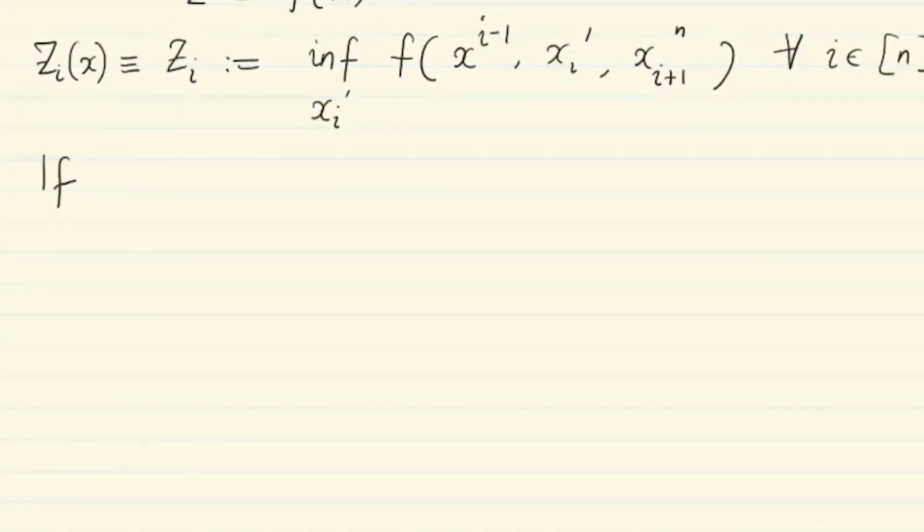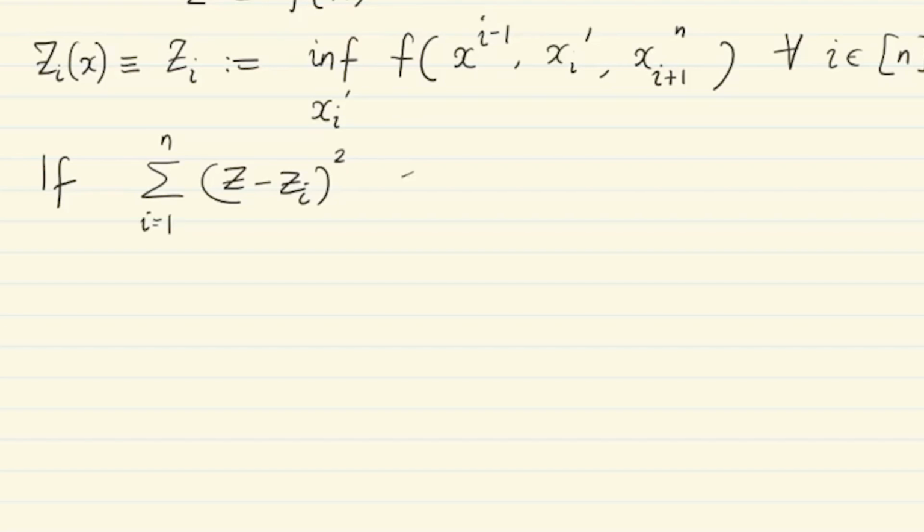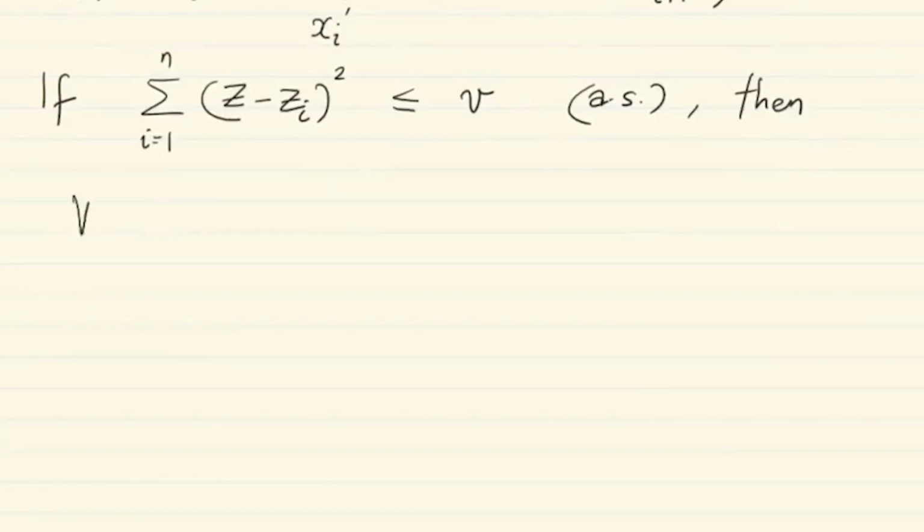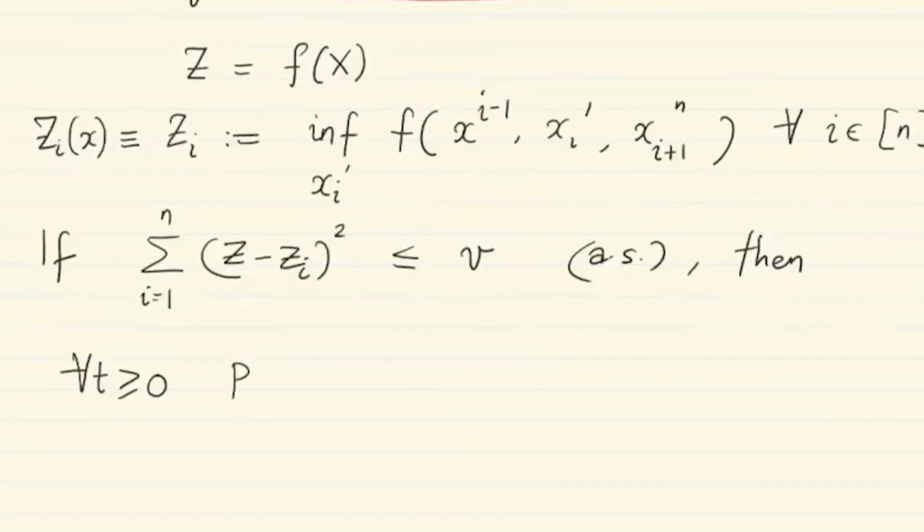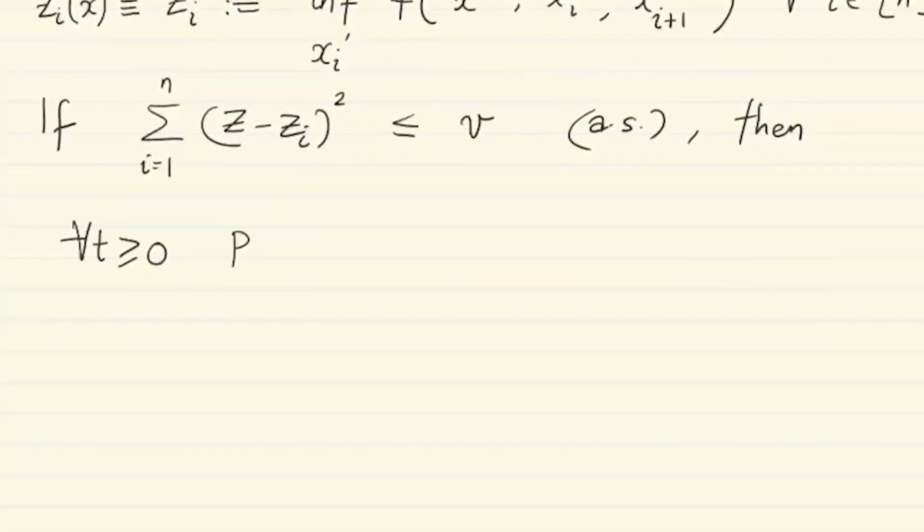And if we have that the summation over i equal to 1 to n of the difference between Z and Z_i, squared, is bounded above by an absolute constant v, say, almost surely, then the entropy method helped us establish an upper tail inequality, saying that for all t positive, the probability under the natural measure of X_1 through X_n of Z exceeding its own expectation plus t is at most, let's say, e raised to minus t squared by 2v.